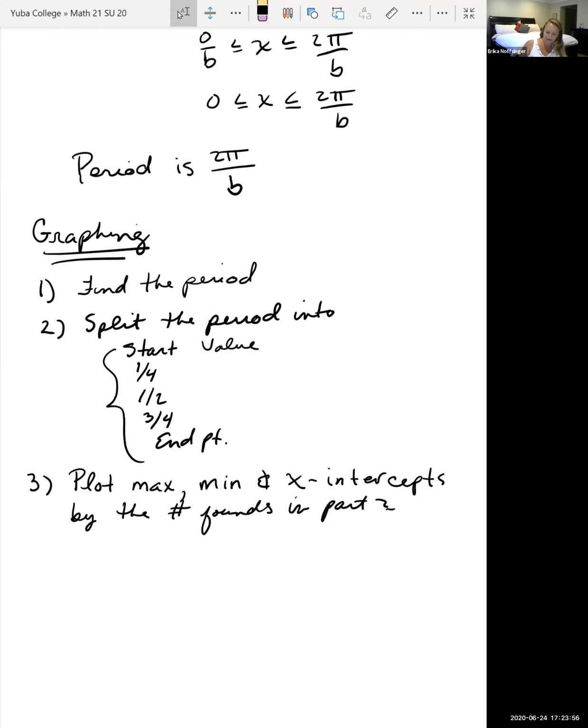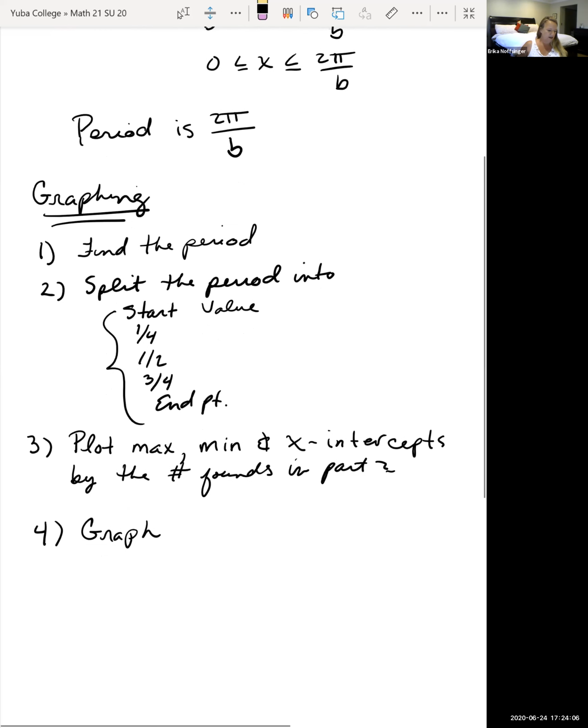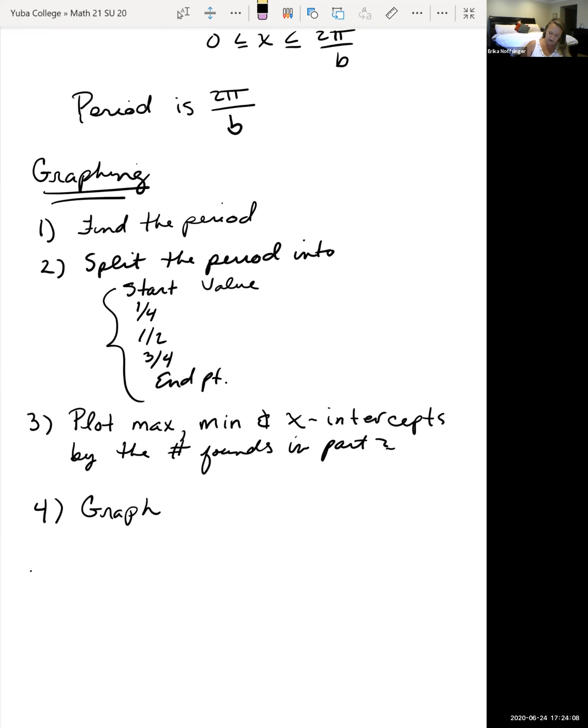And then we can graph. So let's look at one. If we had y is equal to negative 2 sine of 1/2 x.